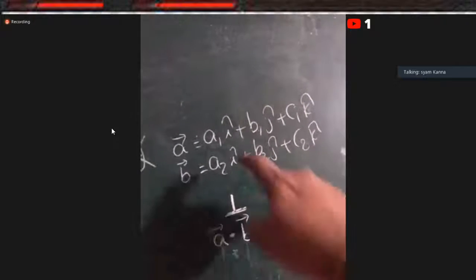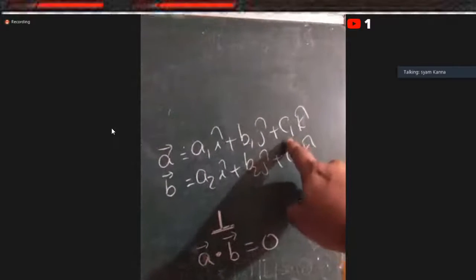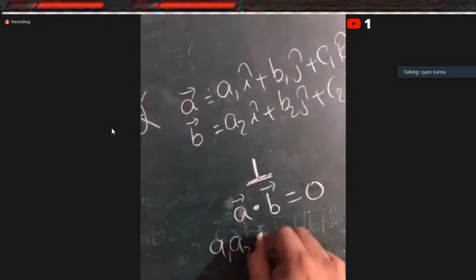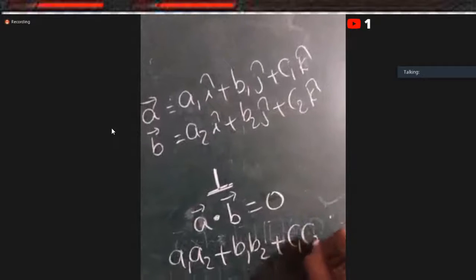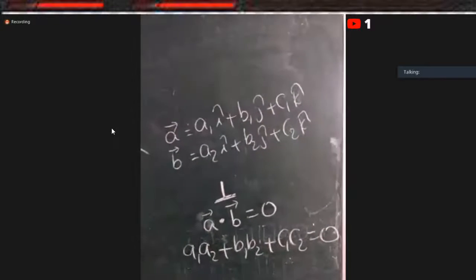Then the formula is A1 A2 plus B1 B2 plus C1 C2 is equal to 0. This is the formula.